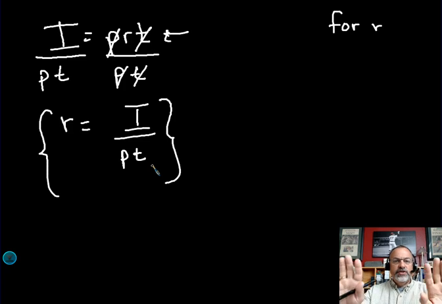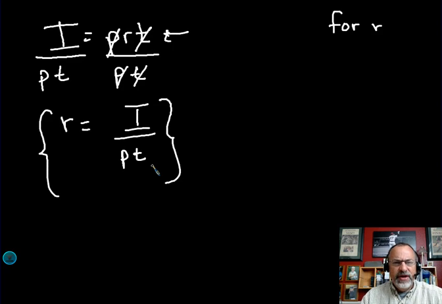What I did was I just took everything that was on the left and everything that was on the right, and I just switched sides. And I can do that applying the symmetric property. And the reason I do that is because as a mathematical convention, we've talked about conventions in other videos, we like to have the variable that we've solved for on the left. So we always have this on the left.